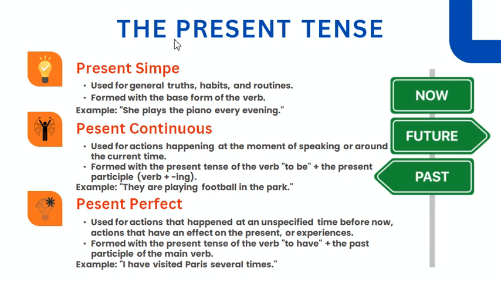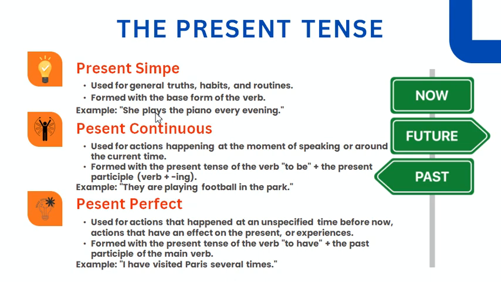Why and when do we use present simple? We use the present simple tense when we would like to express general truths, habits, or routines. If somebody uses present simple, it means he is speaking generally, or expressing the habits of something or the routine activities you do every day. For example, she plays the piano every evening.